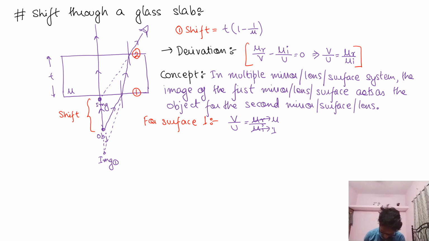Let us delete this shift for a little while and make a new diagram. Let us call the position of this image h1, and let the object distance be u.